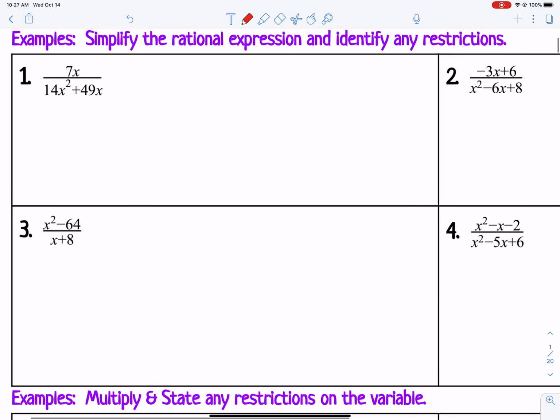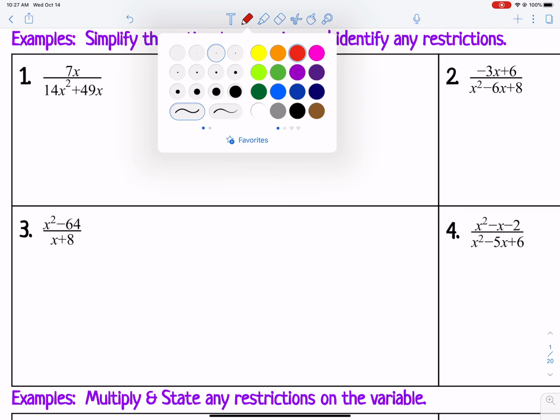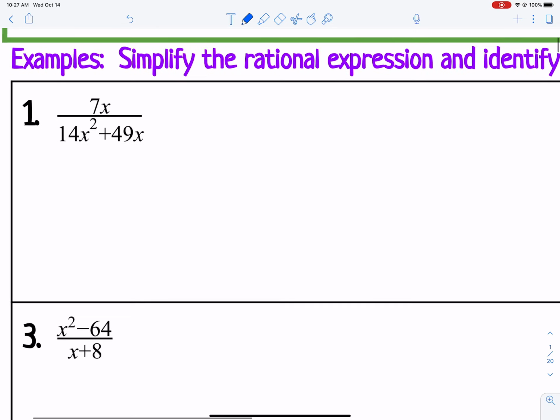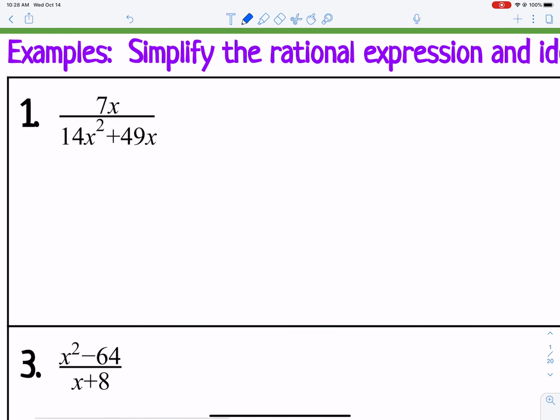So for my first example, I have 7x divided by 14x squared plus 49x. So we want to work on factoring everything out that we can. 7x is just one term, so we just bring that over. You can't do anything more with that. And then in the denominator, we could take out a 7x, and then we would have 2x plus 7 left over.